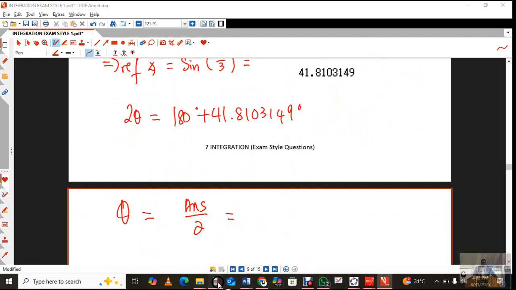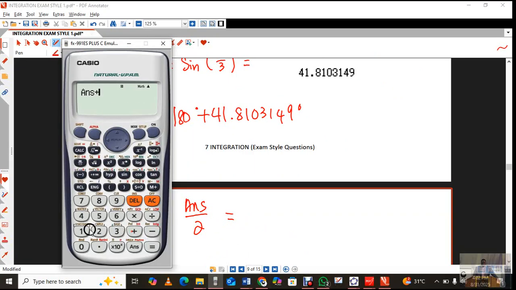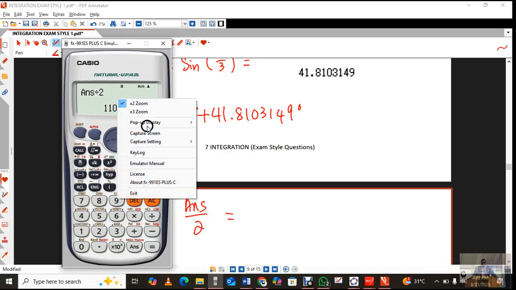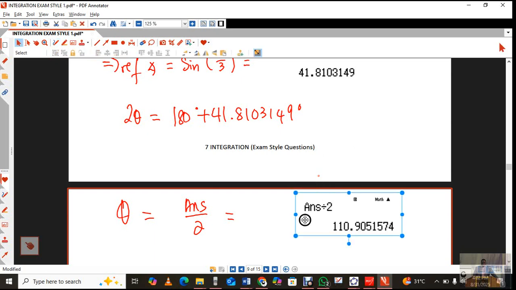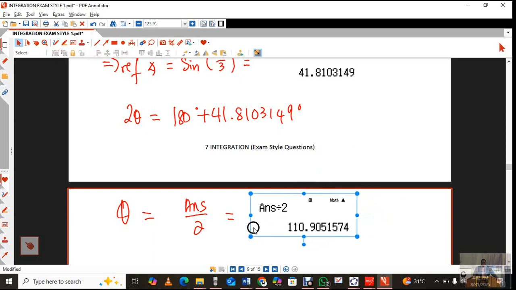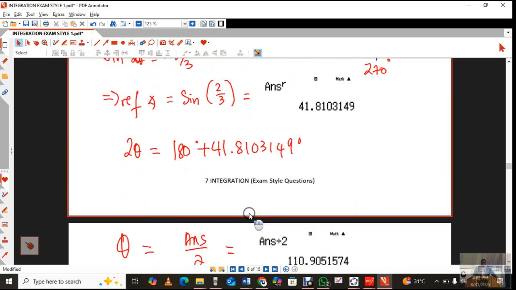All right, let's bring my calculator, add 180. That gives you 221, within our range. Our range was 270 divided by 2, our original domain. So it's also within our original domain, because our original domain was between 0 and 135. So that's one condition.